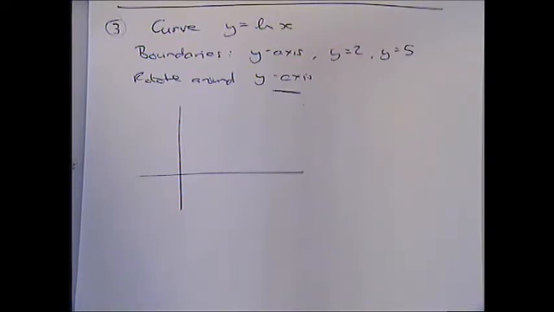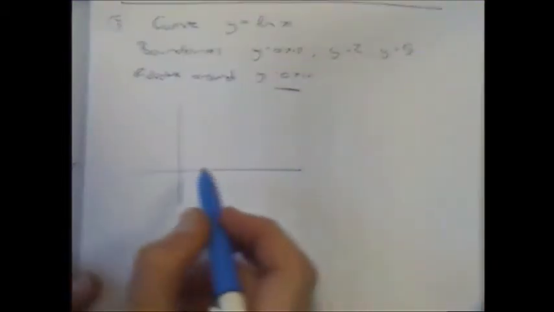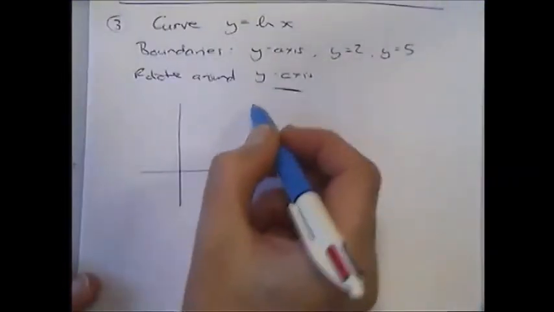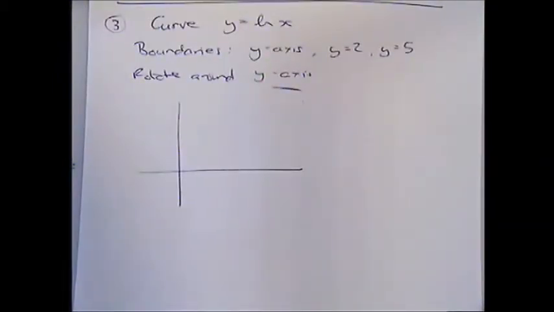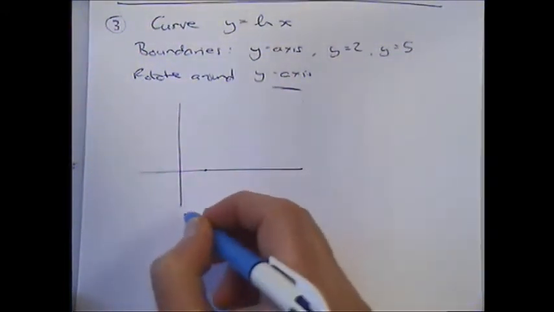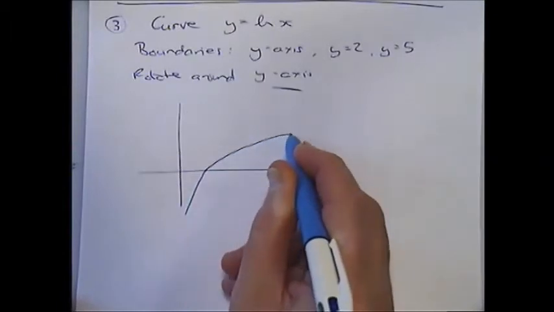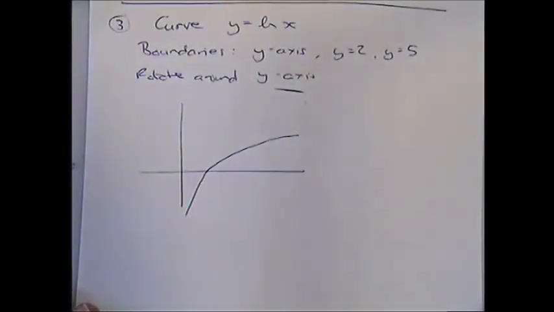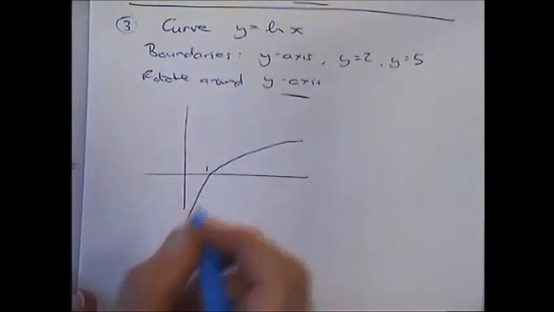Y-axis. No, that's the graph of e to the x. E to the x goes through 1 on the y-axis. E to the x is that one. This is log x, which is its inverse function. It goes through like this and gets flatter and flatter as we go. So that is 1.